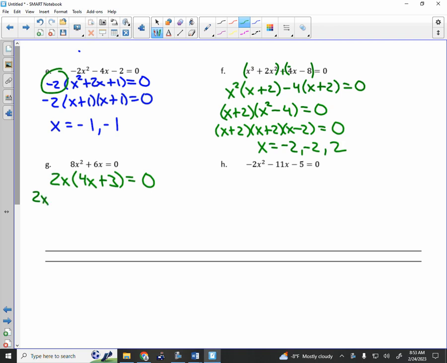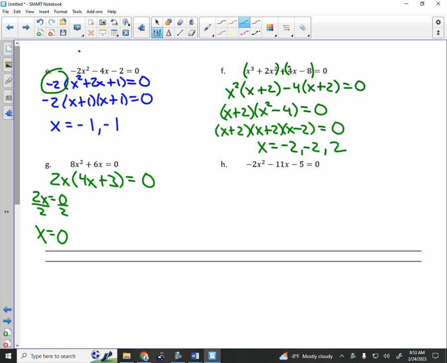So if you set 2x equal to 0 and you solve, as we divide both sides by 2, you still get x is equal to 0. So if there's an x out on the front, you will always have 0 as a solution. It's not going to be 2. If you have just a negative 2 out there, you don't have a solution, okay? But if there's an x, you will have a solution of 0.